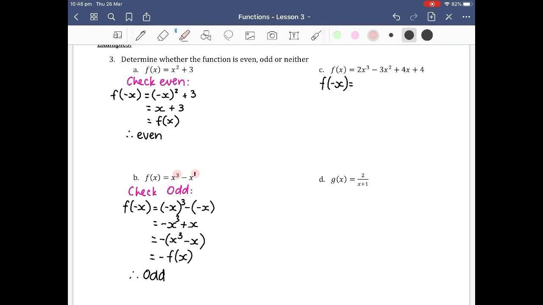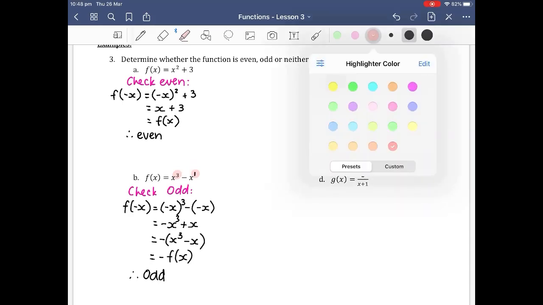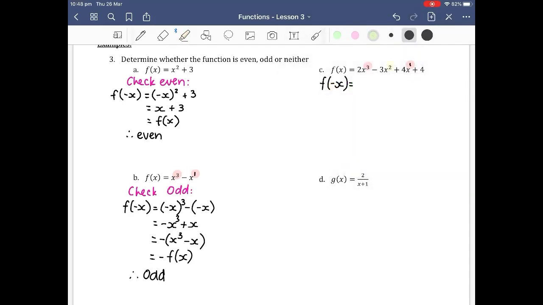But because we have odd powers and also even powers, you would assume that it's going to be neither, because it could be odd and it could be even. Okay, so I'm going to show you why.